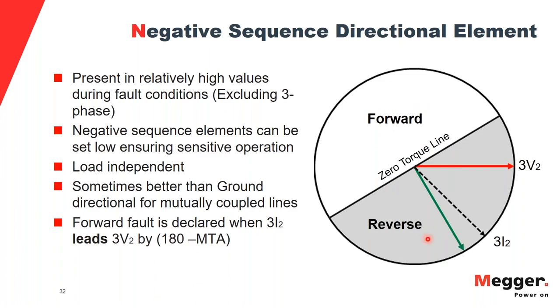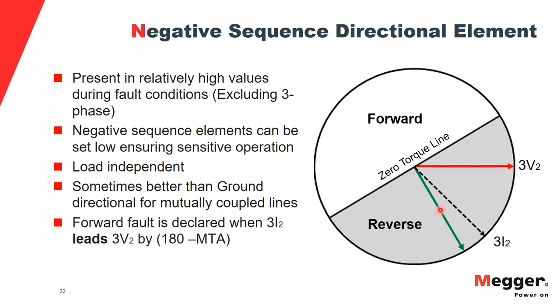Now see that I have a little difference here from my phase quantities and phase directional elements. You have seen that the current lagging typically was kept as a forward direction, and the current leading was kept as a reverse direction. But this is negative sequence, so this is just the opposite of your phase quantities. So if your system rotation is ABC, negative sequence is rotating in the ACB direction.